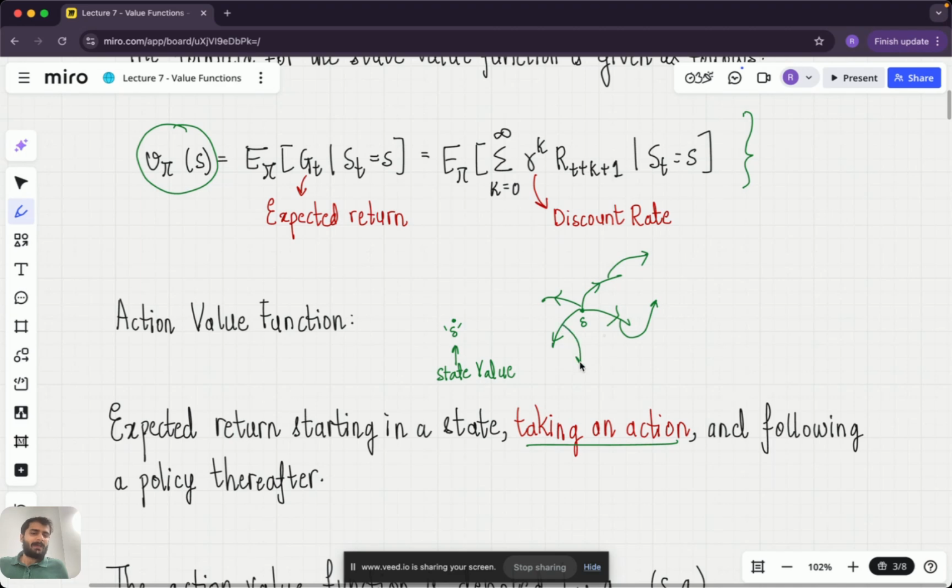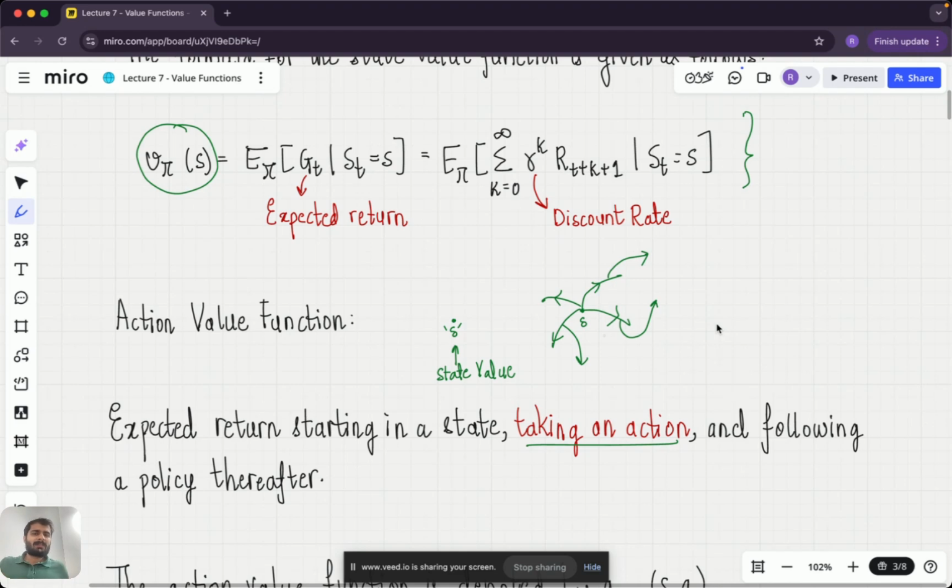If I follow this path, I will have another expected return. So, what the action value function answers is that if I give you a state and I also give you the action which the agent follows after reaching that state, then can you tell me what is the expected return in the long run for this agent? That is the meaning of an action value function.